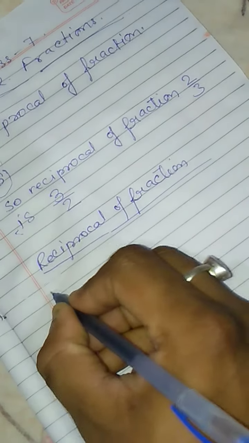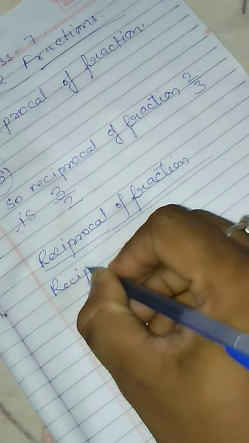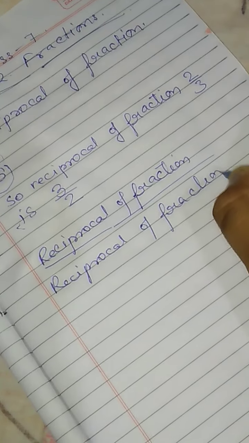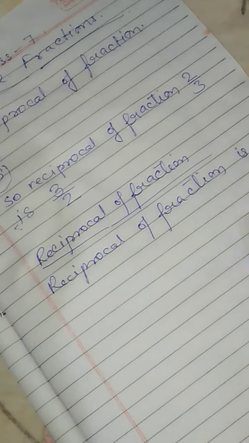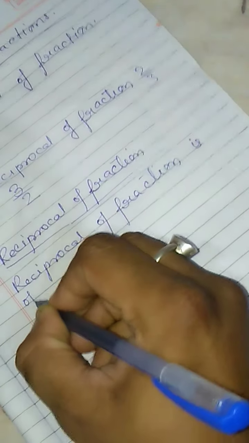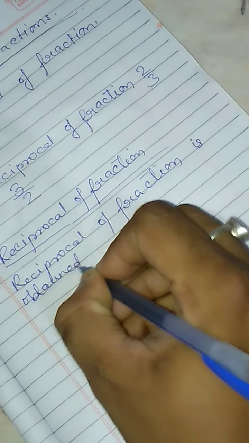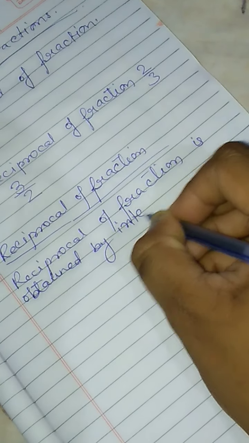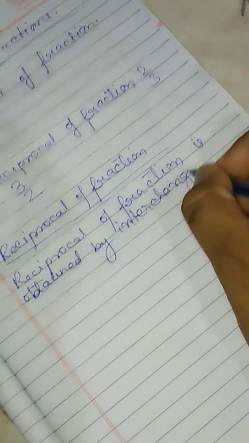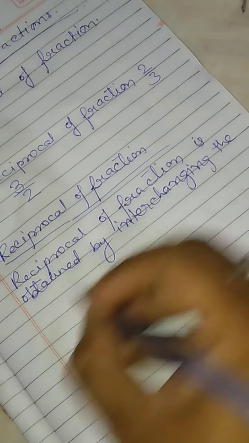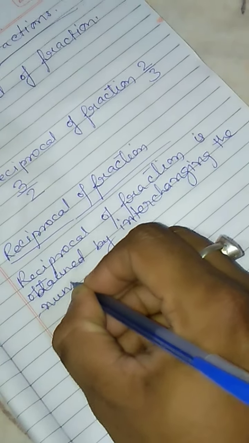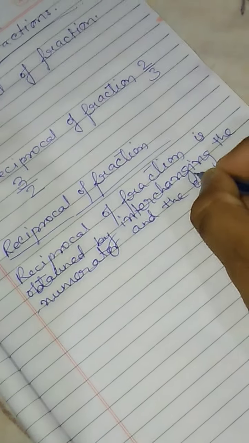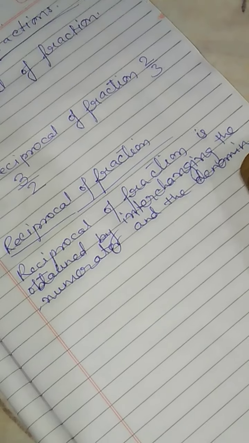Definition: the reciprocal of a fraction is obtained by interchanging the numerator and the denominator.